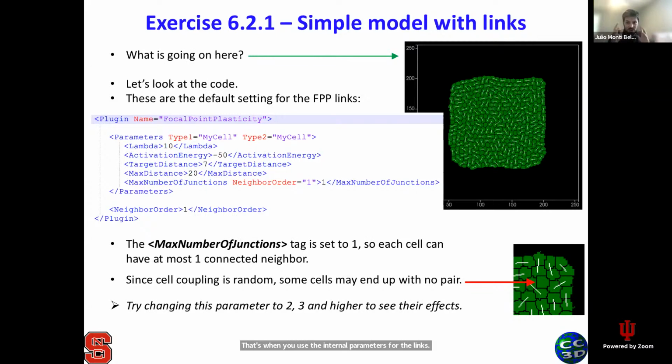The internal ones will not work here because you don't have clusters of cells yet. You're going to see that in the next module, module 6.4. So whatever you do on the internal parameters will be ignored because you don't have cells with compartments.